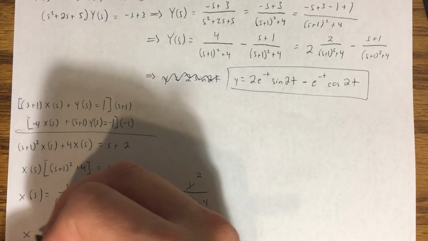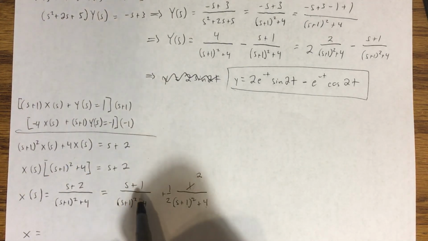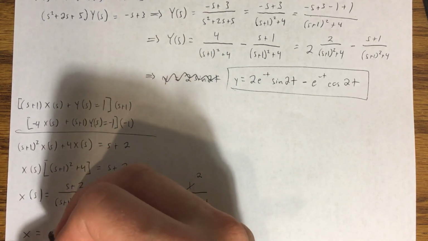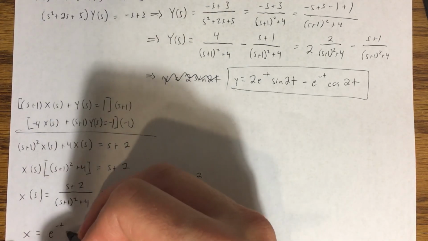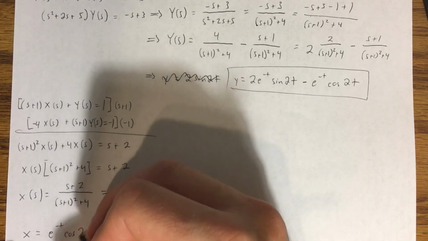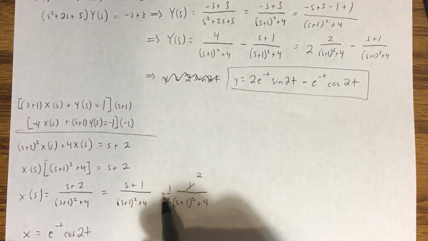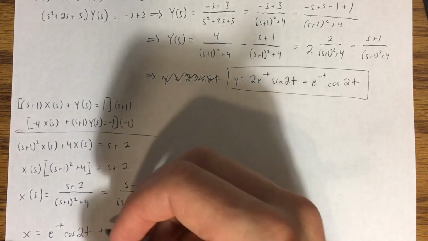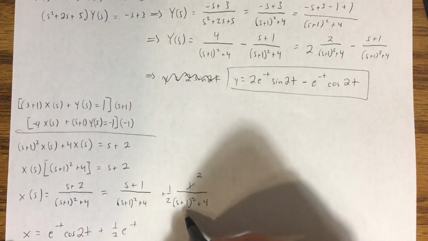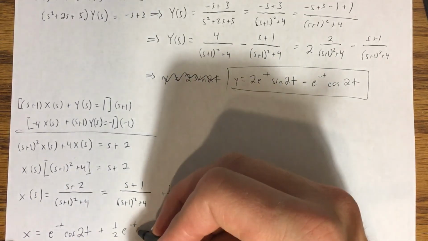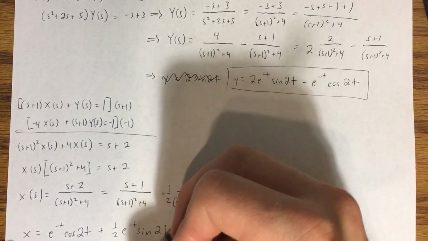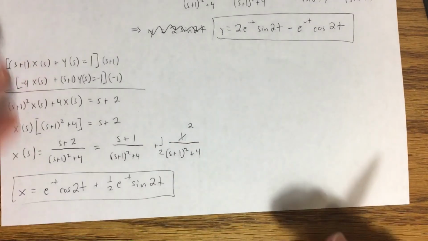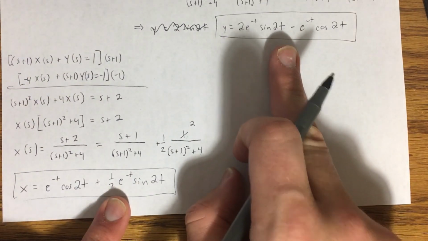Okay, so now taking an inverse transform of both sides, this, where I use my translation property, would give me e to the negative t cosine of 2t. Here I'd have plus 1/2, and this would just look like e to the negative t again. My translation property is being used here. Sine of 2t. Okay? And so there's my solution to that system.